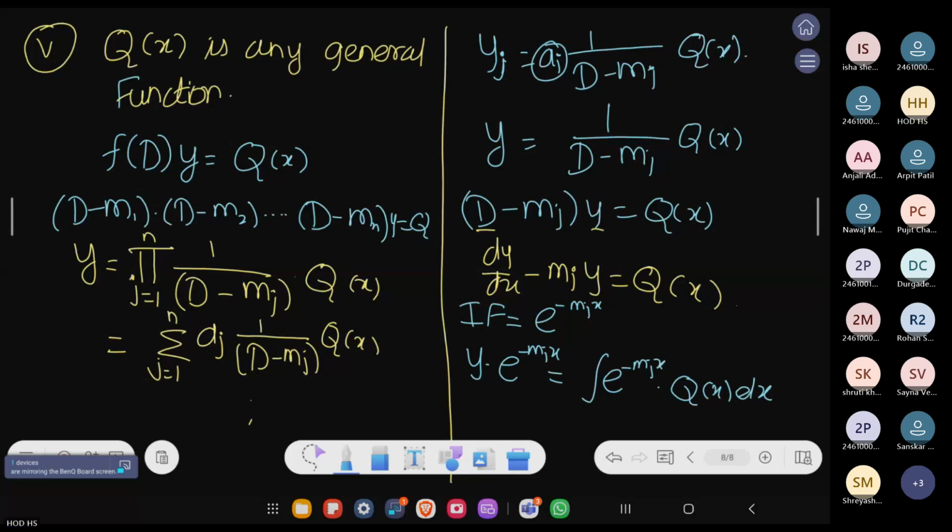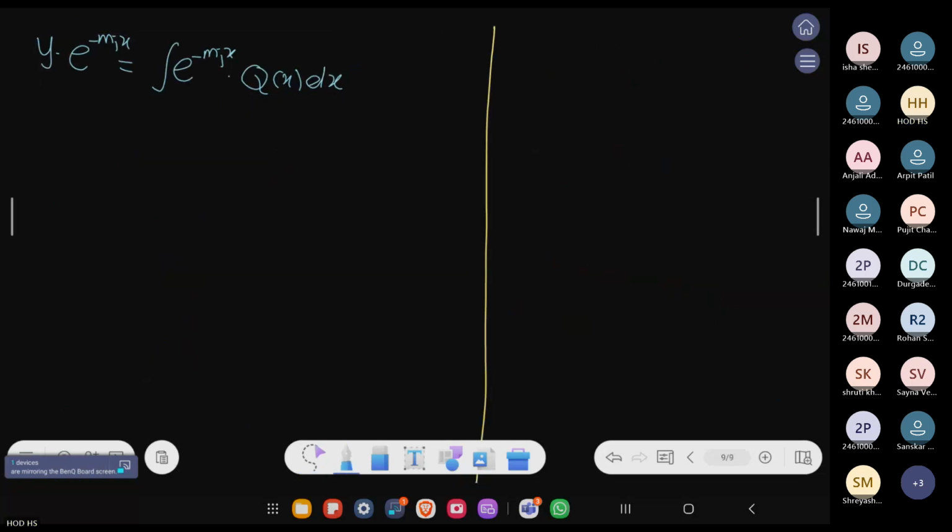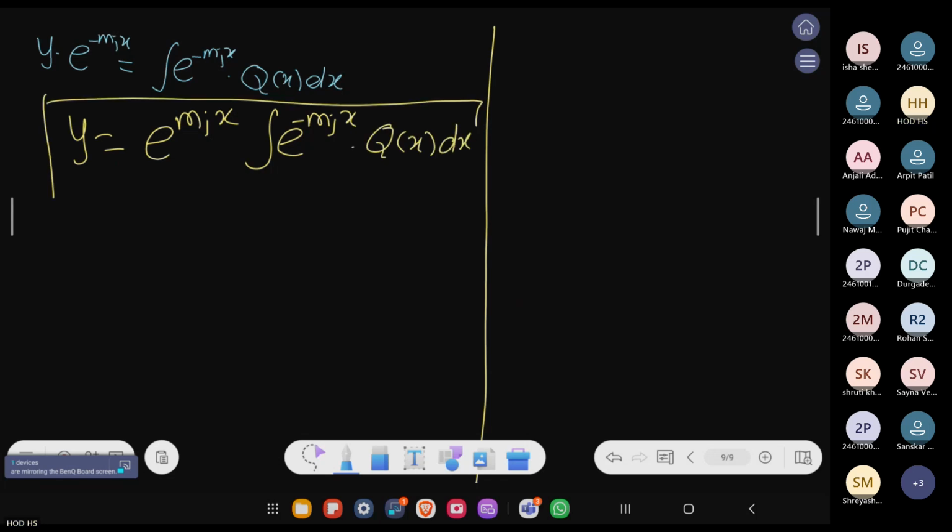So I can rewrite the whole solution as y is equal to e to the power mjx into integral of e to the power minus mjx into q of x dx, right? This is my small component yj, not the whole y, but some component yj of my solution, right?